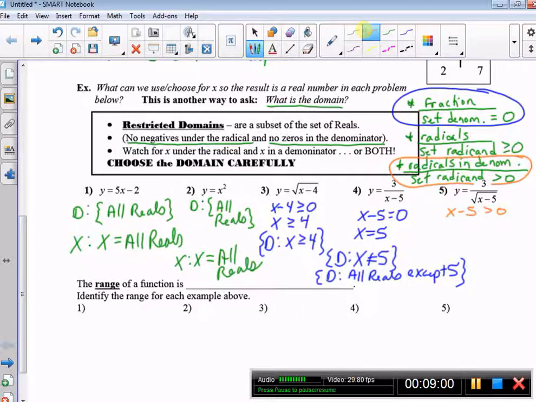And I don't want it to be negative, so greater than 0. So x must be greater than 5. If you plug in 5.1 for x, that gives you a positive radical, not 0. So for this one, we'd say the domain is x is greater than 5.